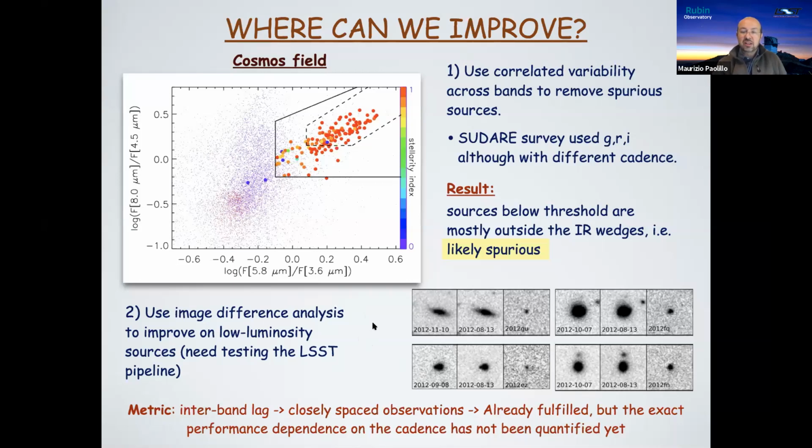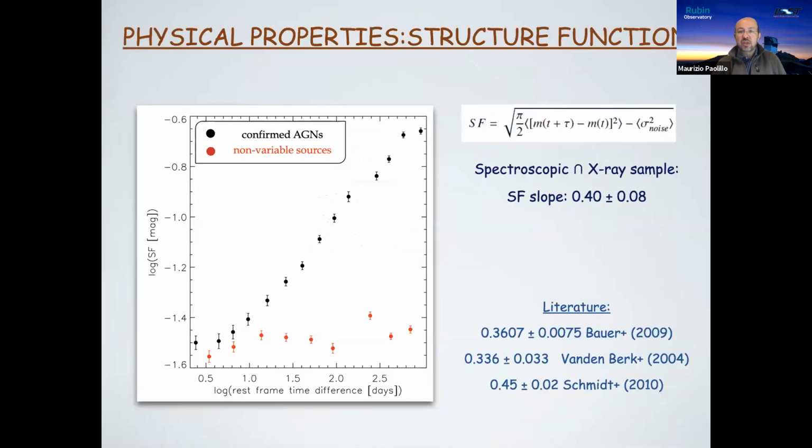So in physical terms, some results that you can get, for instance, this is the structure function that you get from these AGN, and you get the result that you expect. The non-variable sources are here as a function of the lag, and the structure function of AGN goes up as you expect from red noise, in very nice agreement with the literature.